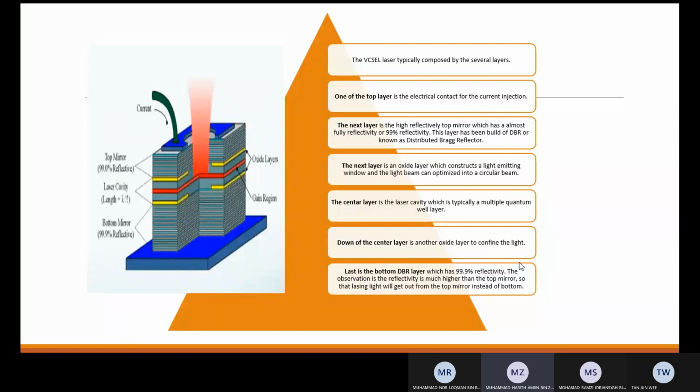The next layer is the high reflectivity top mirror, which has almost full reflectivity, 99%. This layer is built of a DBR, known as a distributed Bragg reflector. The next layer is an oxide layer, which constructs a light emitting window, and the light beam can be optimized into a circular beam.